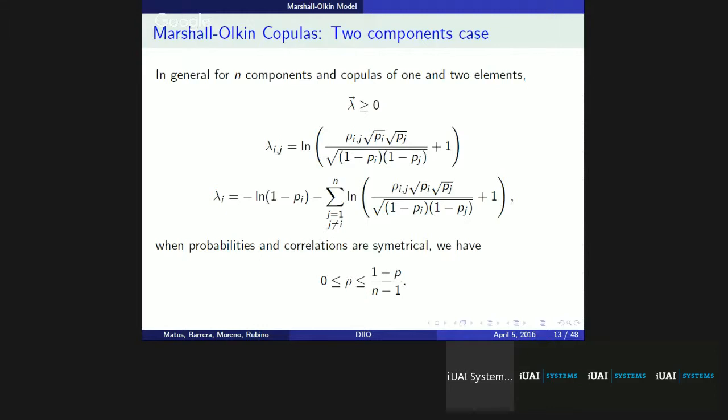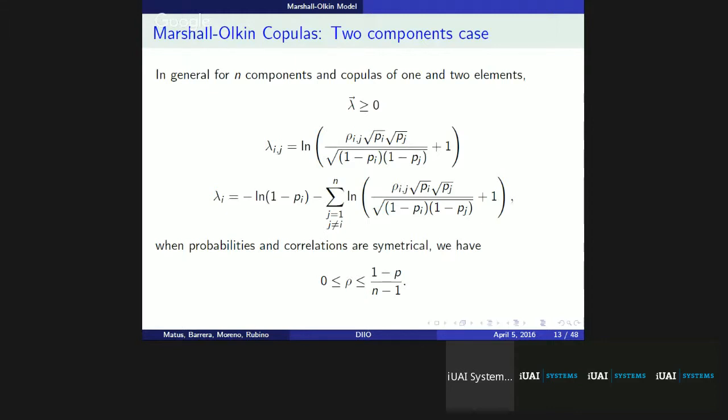Yes, and that is not very good because, for example, if I take the probabilities and the correlation symmetrical, I obtain that relation for the rho, for the dependency, the correlation in this case.